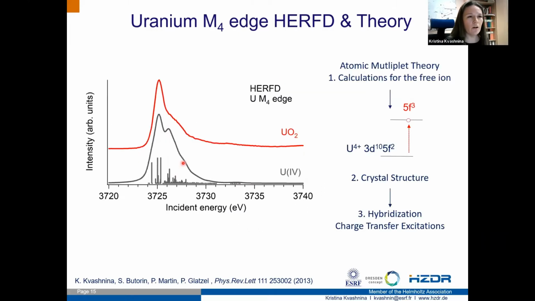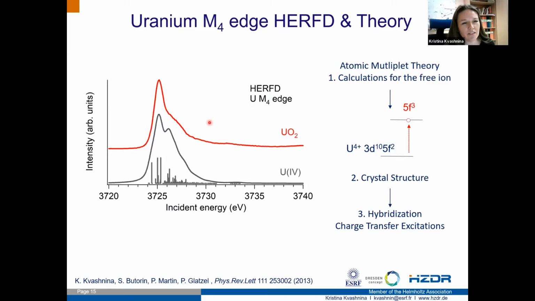So if one is able to do a simple calculation, let's say to start with a multiplet calculation, we first perform the calculation for the free atom. So we only take into account which absorbing atom we study. In our case, it's uranium. And then as an input, you have to put the number of electrons in the ground state.